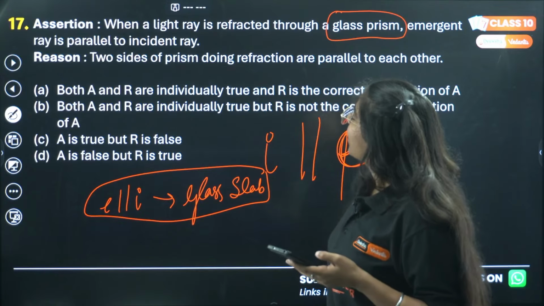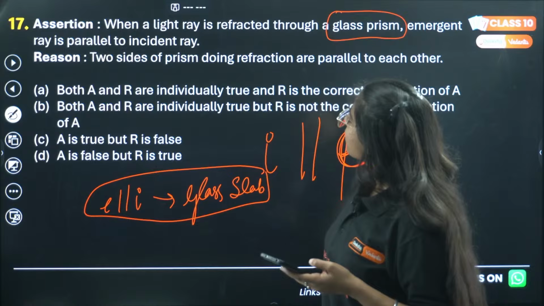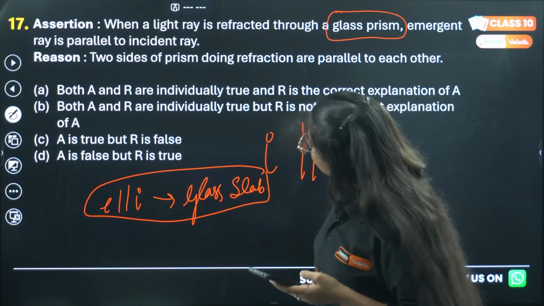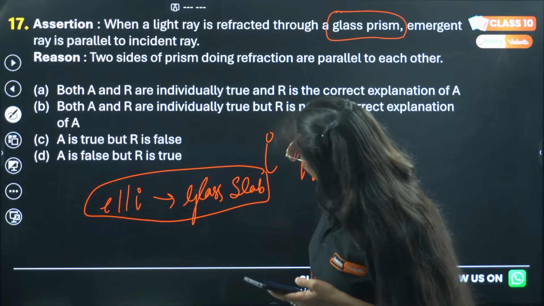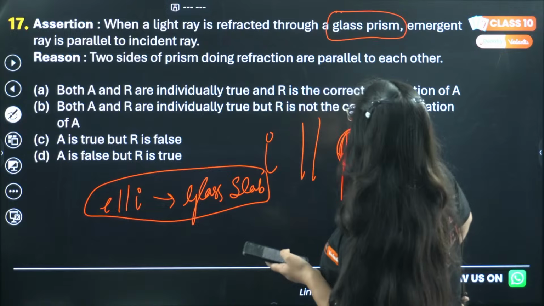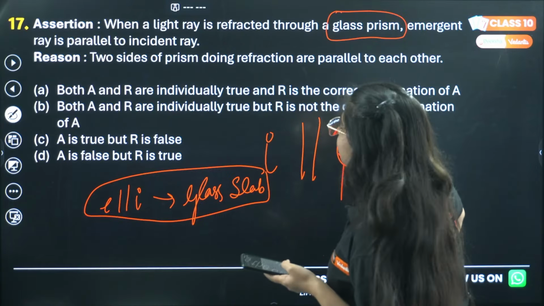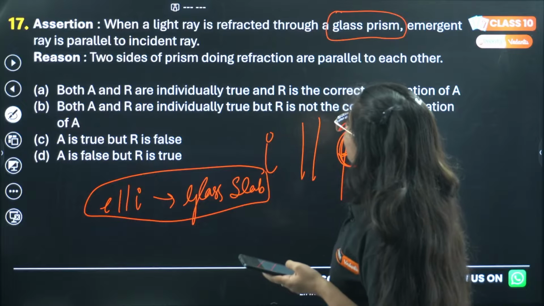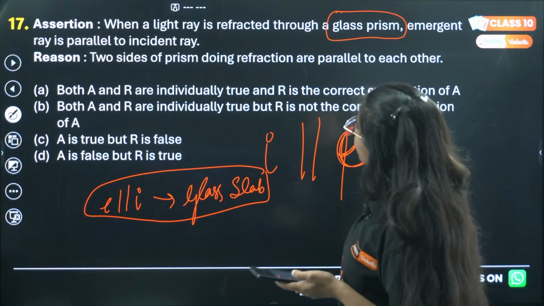So assertion correct. A is false, but B is true. No. What? Are the options wrong? Both are false, because assertion is also false.